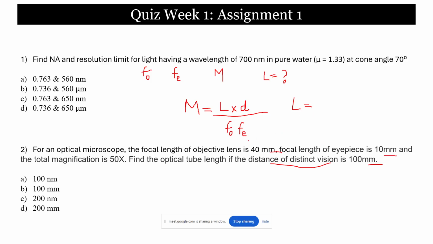The magnification doesn't have any unit, these focal lengths have millimeter unit, and the distance of distinct vision also has a millimeter unit. So as a result, L should also have the dimension of millimeter. So it will be 200 millimeters. That means option D is the correct answer in this question.